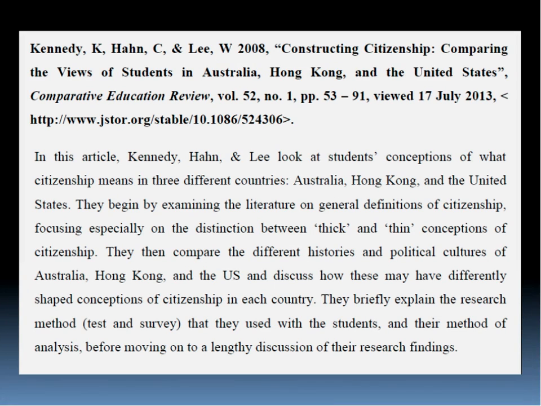So another thing that's happened in the past that I thought I probably should mention to you. Notice how we've got here Kennedy, Hahn, and Lee. We don't suddenly say, oh, it's got to be in alphabetical order, therefore I better change it within the bibliographical detail as well.